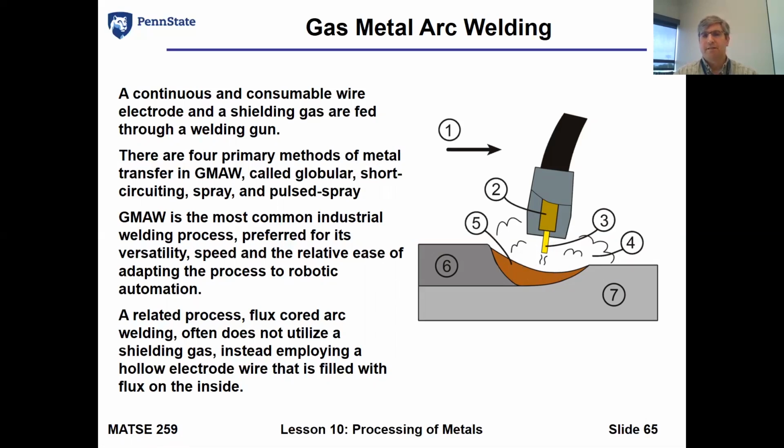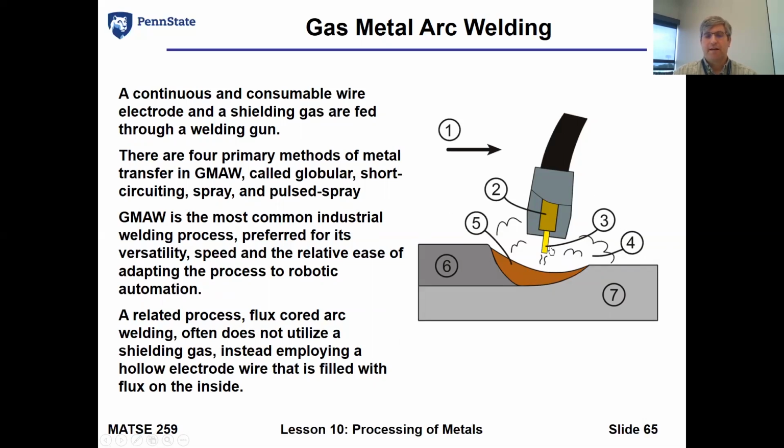Because of the high amperage or the high voltage that is used, it can transfer in a number of ways. It can transfer as a globular. Short circuit means the metal wire will actually touch or be buried in the weld pool. That's what short circuiting means.